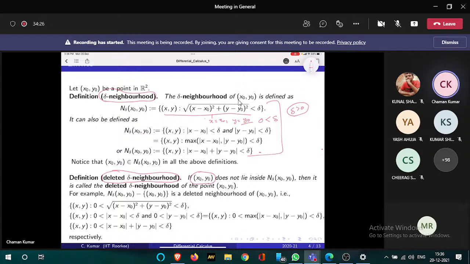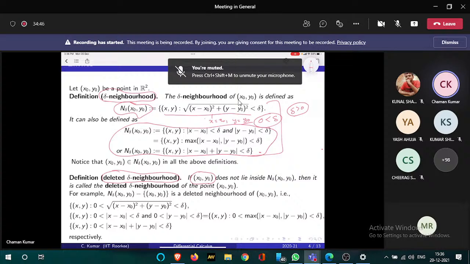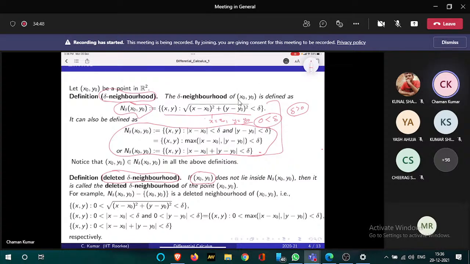Okay, so this condition is satisfied. That means x naught y naught is always an element of the delta neighborhood. And similarly for the other definitions, you can check that x naught y naught is always an element of the delta neighborhood. When x naught y naught is not an element of the neighborhood, then it is known as a deleted delta neighborhood.